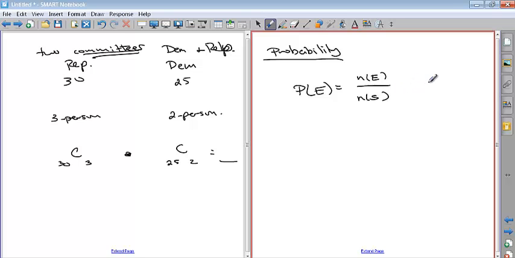This results in a number between 0 and 1. Probability is always between 0 and 1 because the denominator is the largest number you can get, and the numerator can either be 0 or anywhere between 0 and the denominator. And so when you take the ratio, the probability is between 0 and 1.